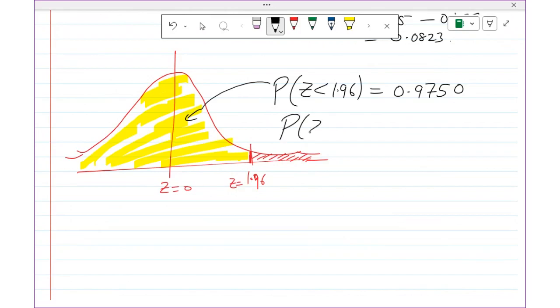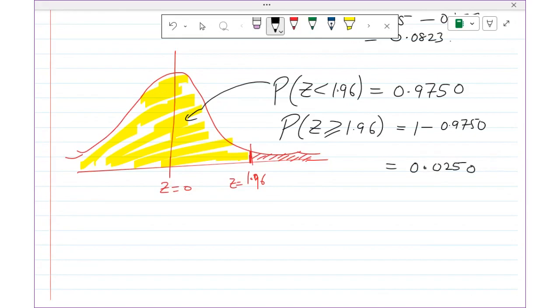Probability of Z greater than or equal to 1.96. In a continuous distribution, a single point does not matter, whether you include it or not. The probability of Z greater than or equal to 1.96 is 1 minus this left side, 0.9750, which comes out to be 0.0250.